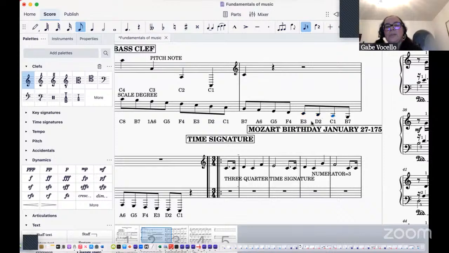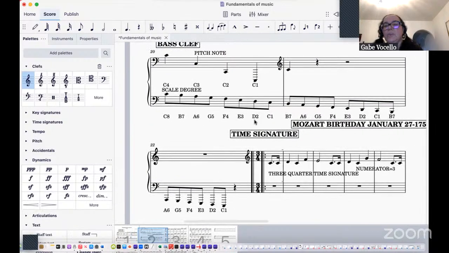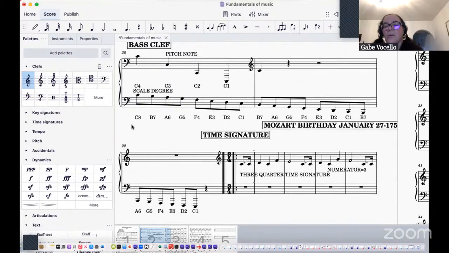And those numbers here are the scale degrees, so C8, B7, A6, G5, F4, E3, D2, C1. The scale degree of the descending scale, or C, B, A, G, F, E, D, C.